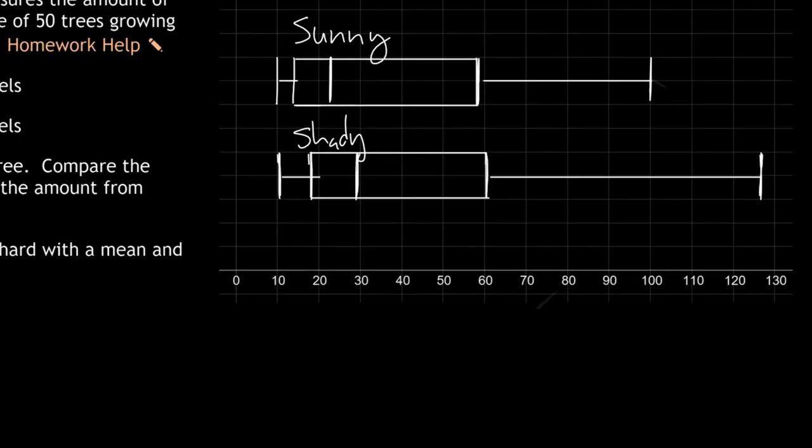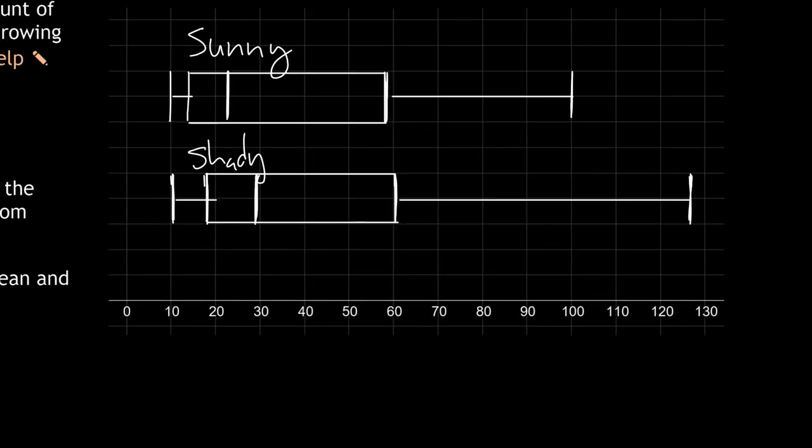Well, the center of the shady trees is shifted about 7 units to the right. So the center of the shady trees is at 30, and the center of the sunny trees is at like 22ish or something.